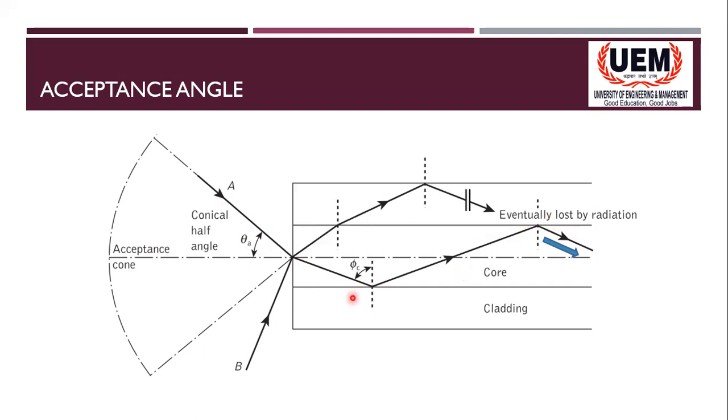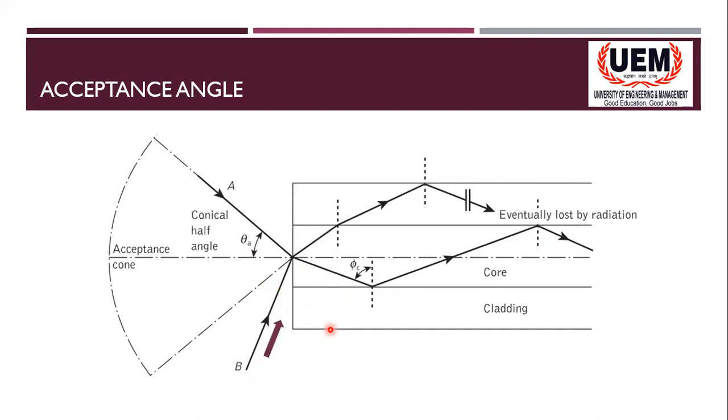Likewise, let us take an example of another light ray, denoted by B, which falls outside this acceptance cone and has an angle of incidence greater than the acceptance angle. Let us see what happens.